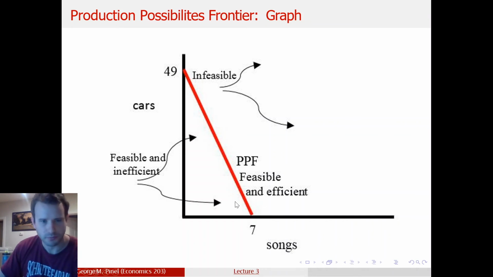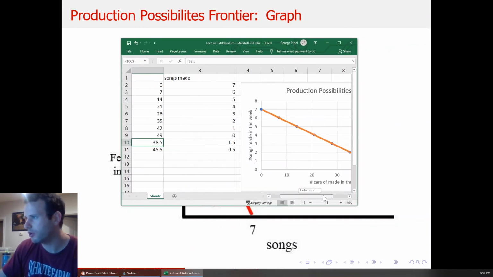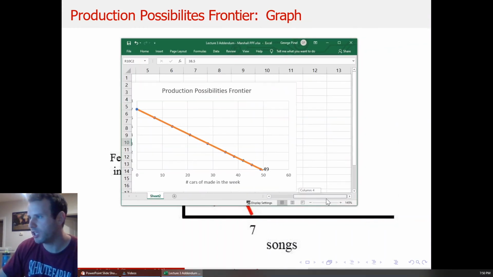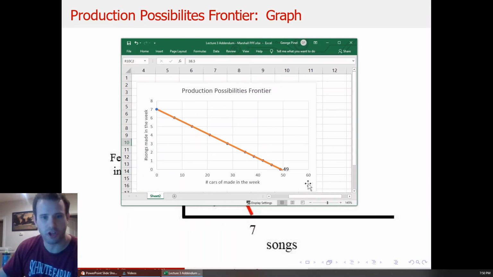Okay, and likewise, if I had the other graph here, with the reverse being the case, where cars are on the x-axis, right? Slope is defined as rise over run, or change in y over change in x. So your slope here is going to be your change in songs, the number of songs you're not making, for every car that you do make.